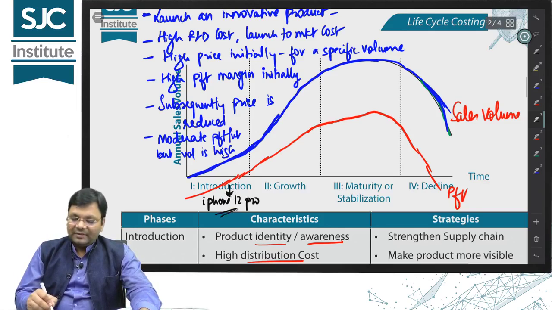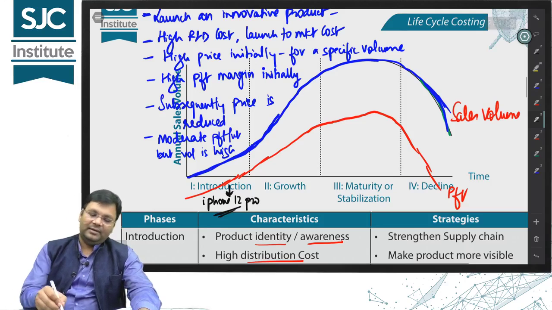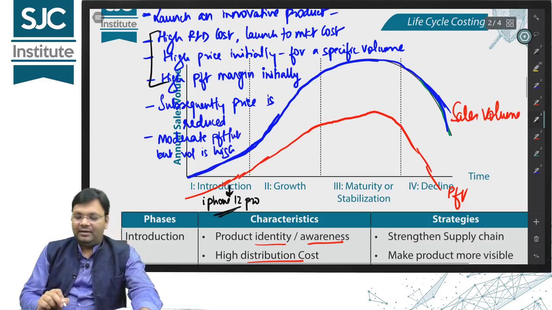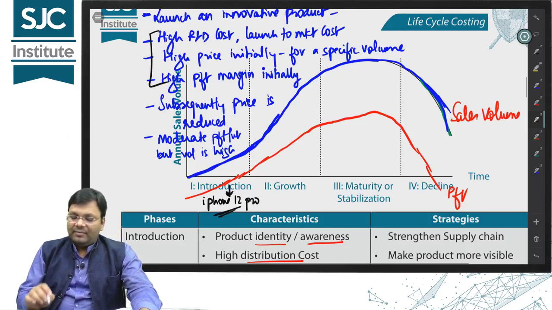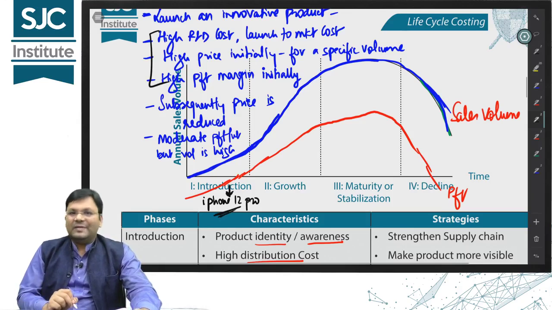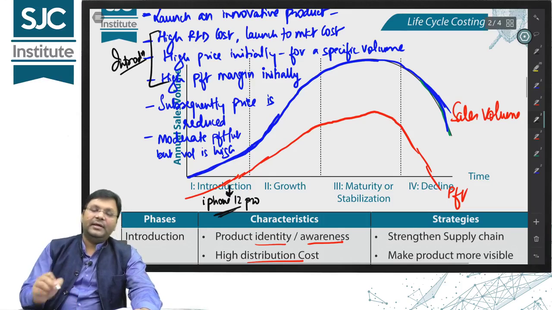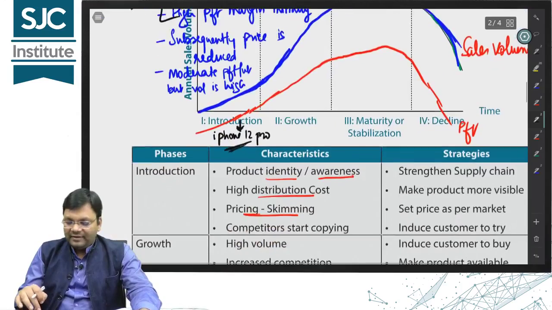So they are trying to capture a specific segment who are ready to buy at high price, high R&D cost, high profit margin, and these features are applicable when we launch this product for a specific target group. Usually this entire thing represents the introduction phase.